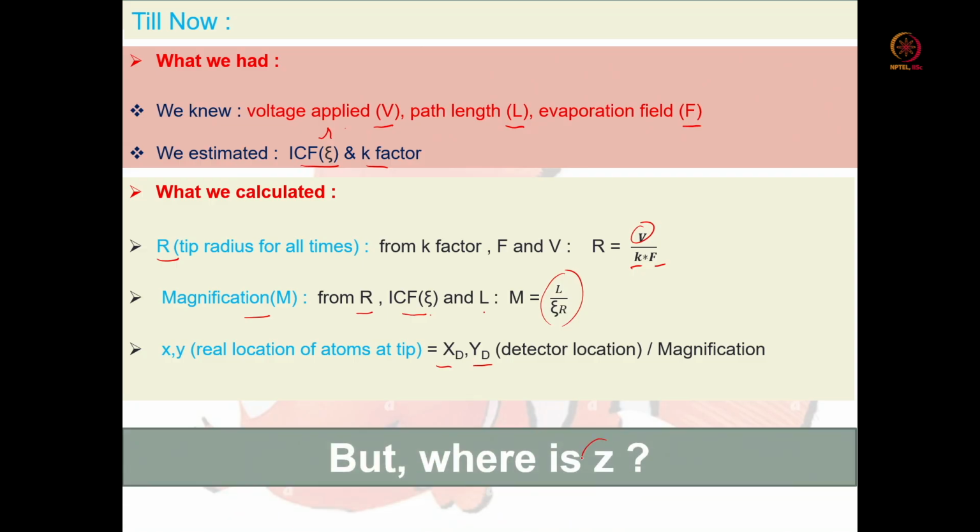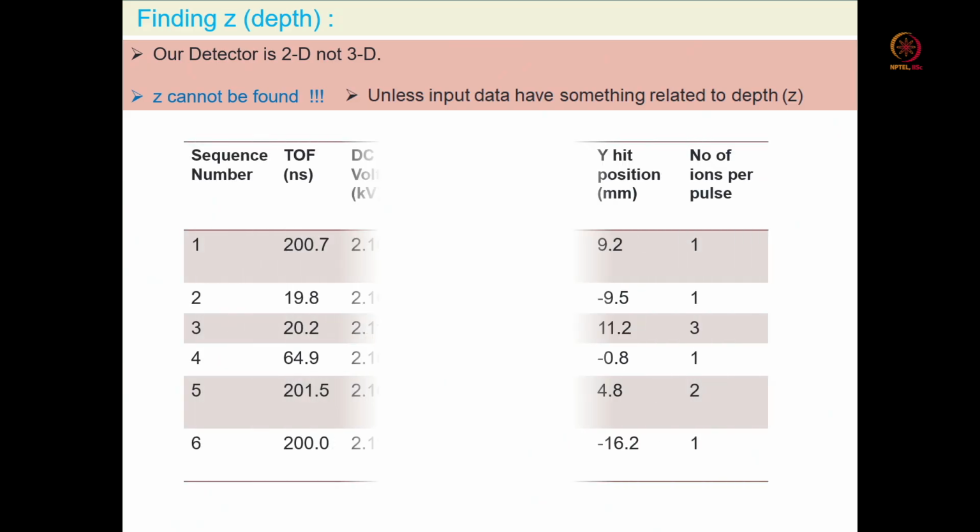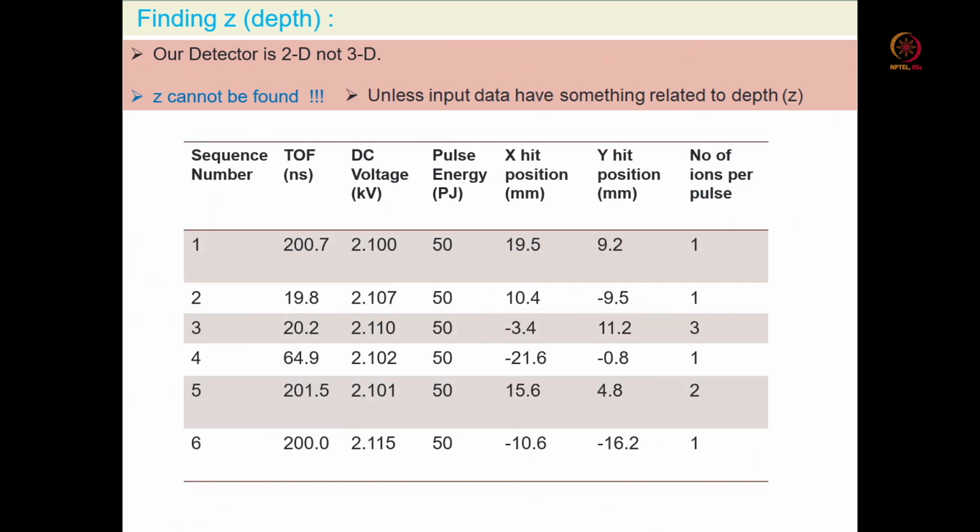But we need to find the Z, correct? As I told you, this is a sequential process. In this table, which I showed in the first slide, we are getting all the information from the atom probe.